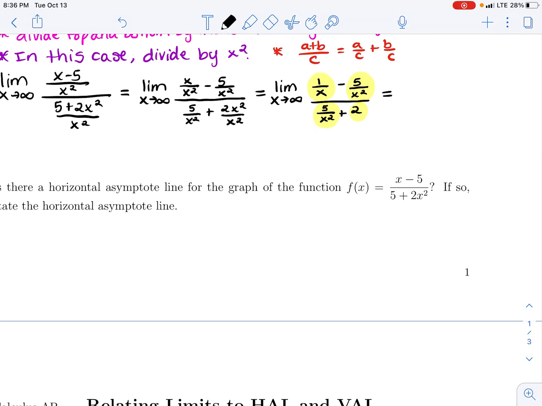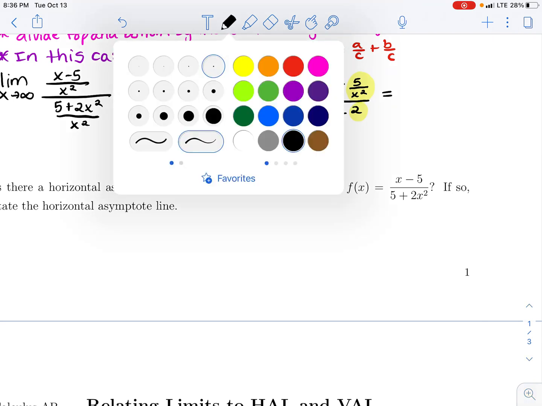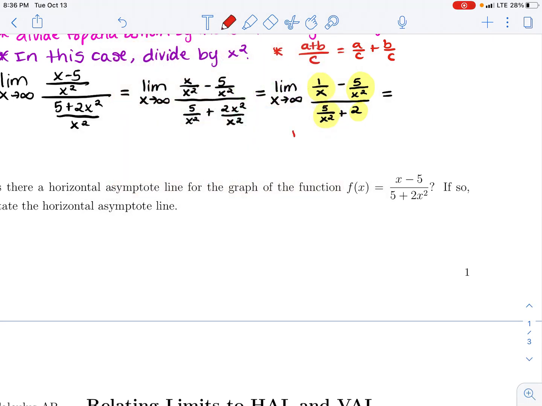But what's happening as x approaches infinity? What's happening to 1 over x? Okay, well, we would say that this limit there is 0, right? Because I'm in that 1 over infinity case. Okay, because as x approaches infinity, so does x, right? So here I'm saying to you that I have that 1 over infinity approaches 0.